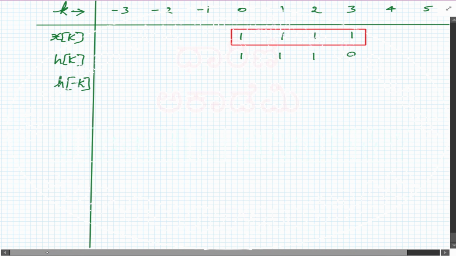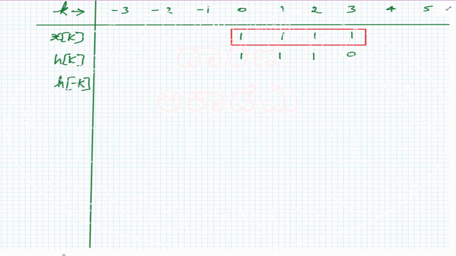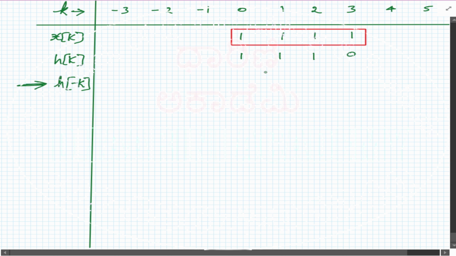But I'll try to write this in a different way. You can see that this is n equal to 0, are you okay with that? Because when n is 0, this is h of 0 minus k. That's why I don't have any term coming up. So this is n equal to 0 here. So h of minus k is what?